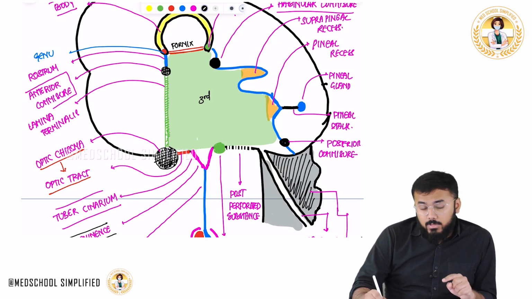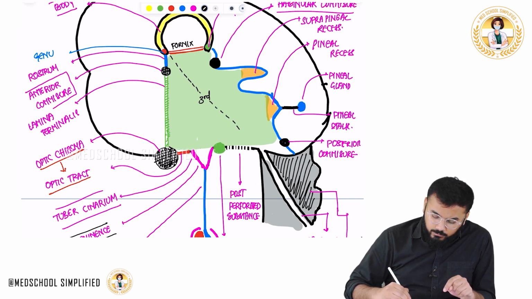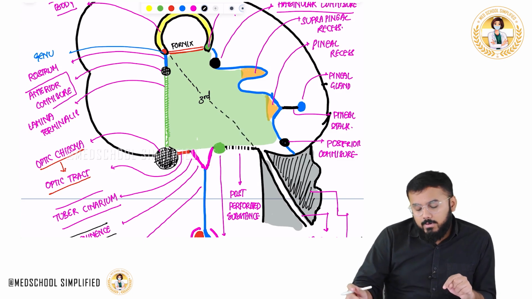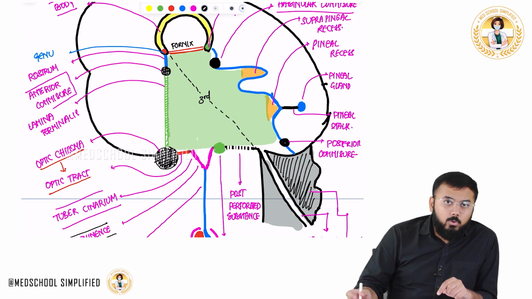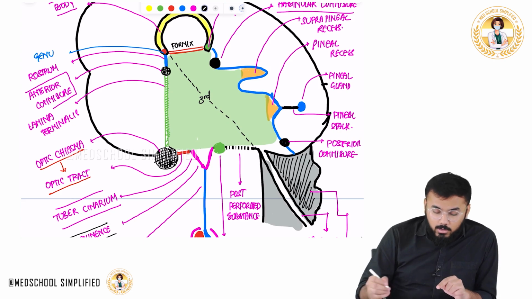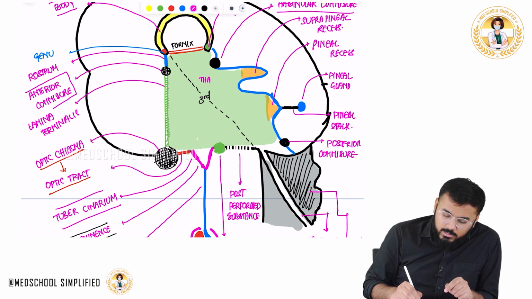Now, this cavity of the third ventricle or diencephalon, I am dividing into two halves like this. What are the two halves? Above this line whatever I have drawn is called thalamus.